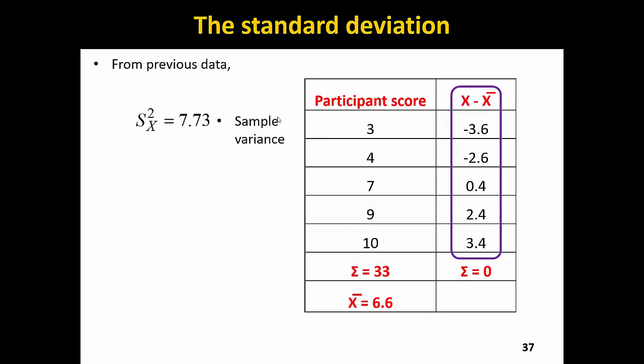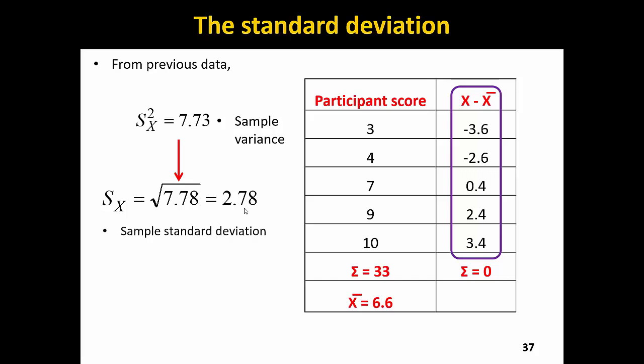So from the previous data, we calculated the sample variance, and if this was a measurement of age, this would be 7.73 years squared. But when we take the square root of 7.73 years squared, I've got an 8 here, so that was a typo. But when we take the square root of the numerical value and we take the square root of the units, we end up with 2.78 years.